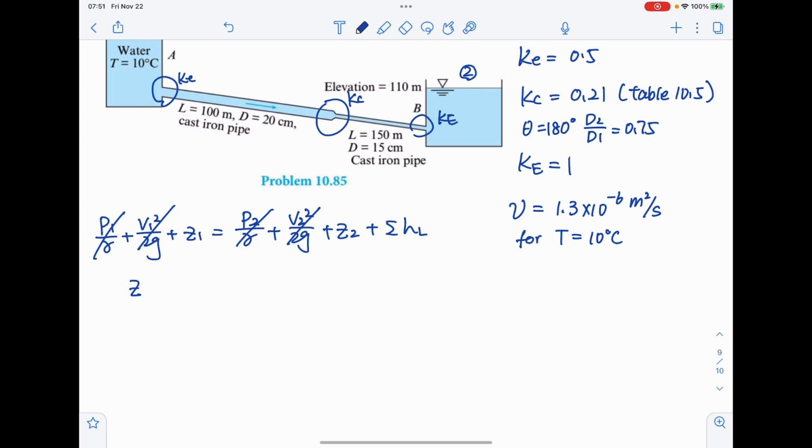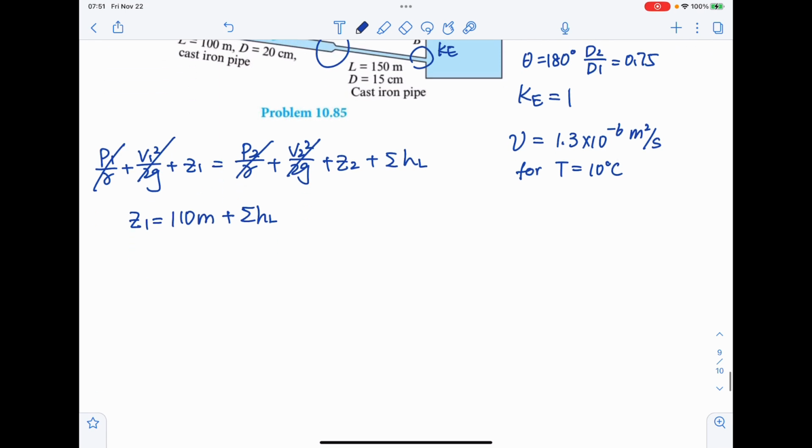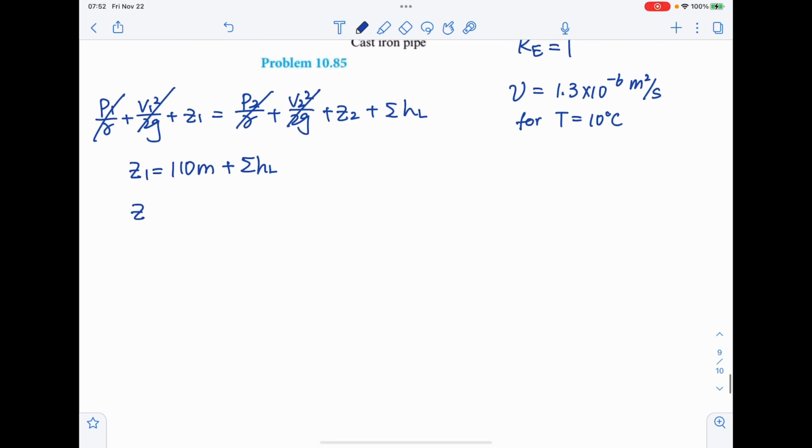So Z1 is equal to 110 meters plus the sum of head losses. So now we're gonna write down all the head loss terms we need to find.